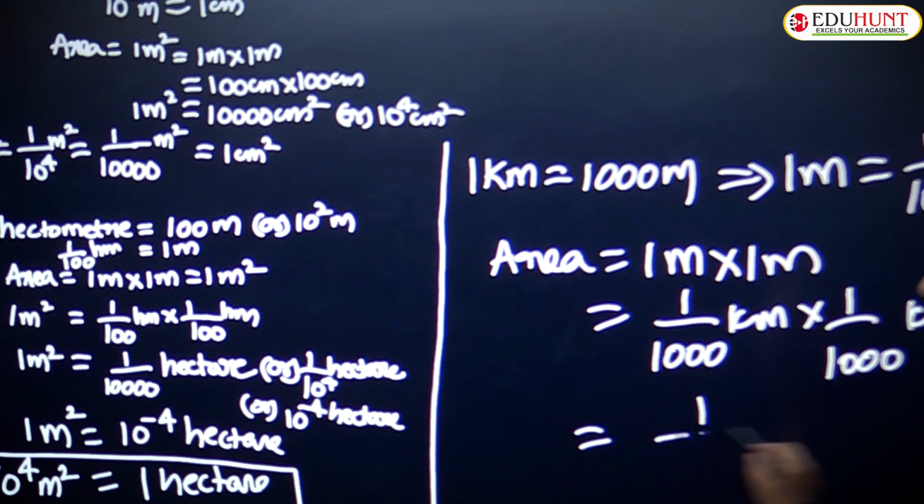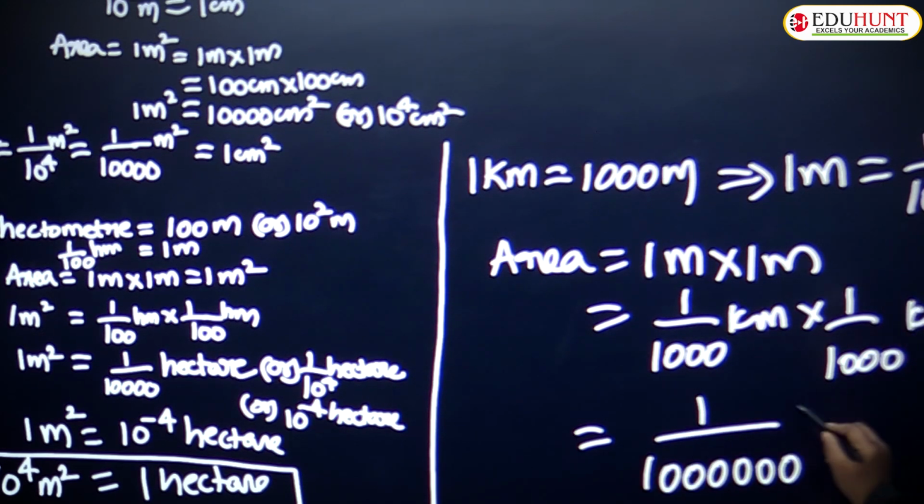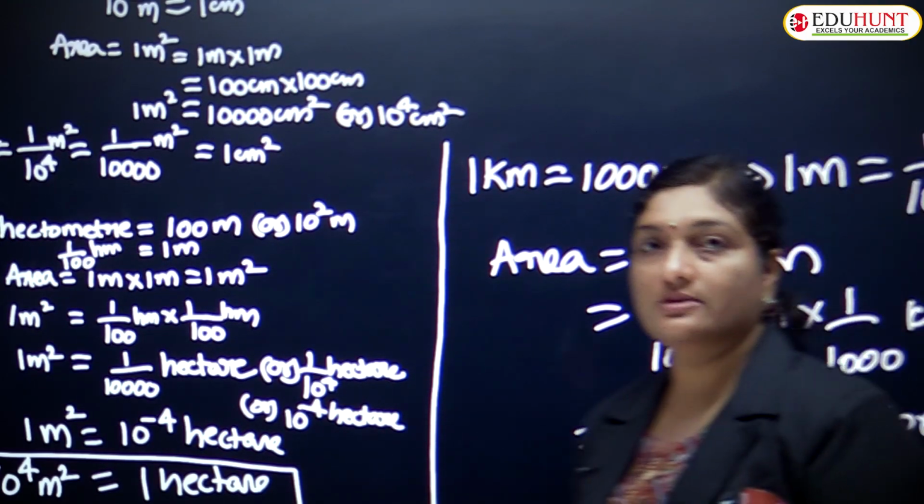Finally, it can be written as 1 upon 6 zeros kilometer square, or simply, these 6 zeros mean 10 power minus 6 kilometer square. I hope the concept is clear, children.